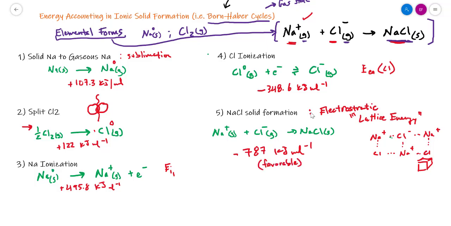So now what we've done is we've started with pure solid sodium and pure gaseous chlorine, the elemental forms of these two substances, and what we finished with was solid sodium chloride.